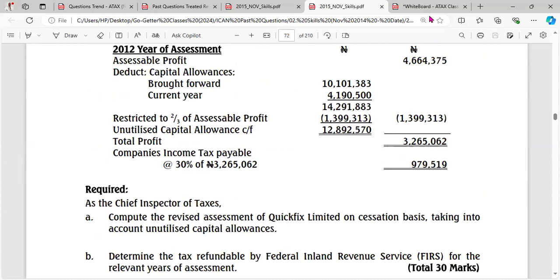We look at the total profit first. The total profit is 3,265,062.